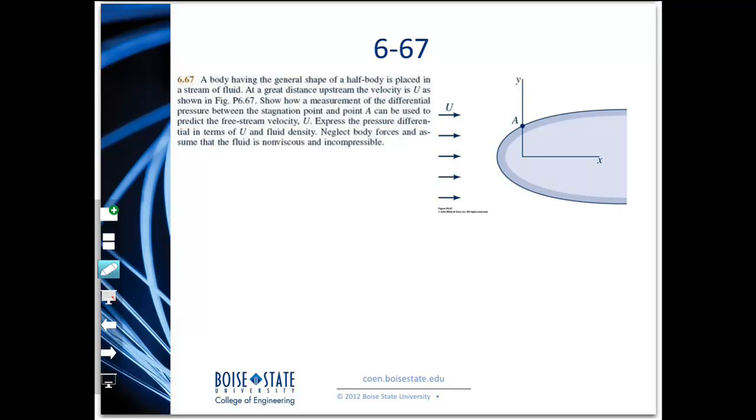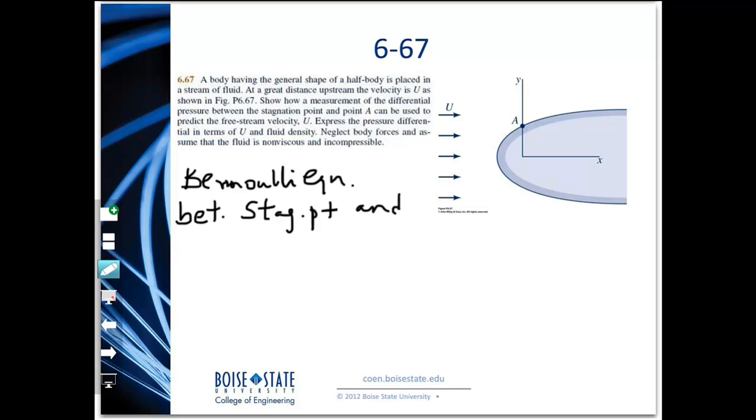So if I apply the Bernoulli equation between the stagnation point and A, I obtain P stagnation is equal to PA, the pressure at A, plus half rho VA square.